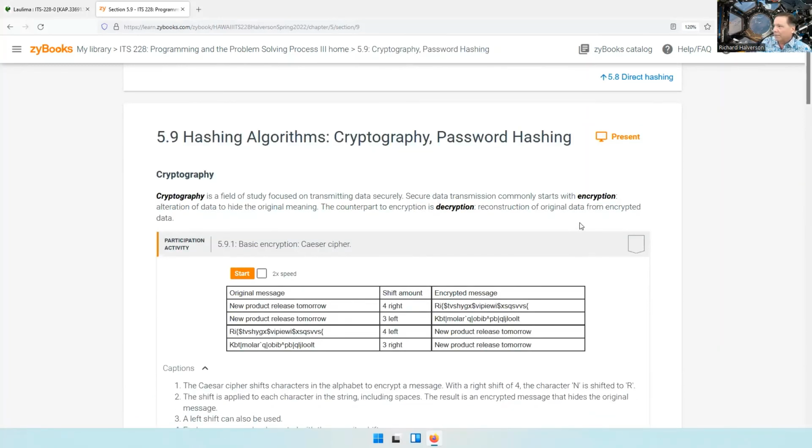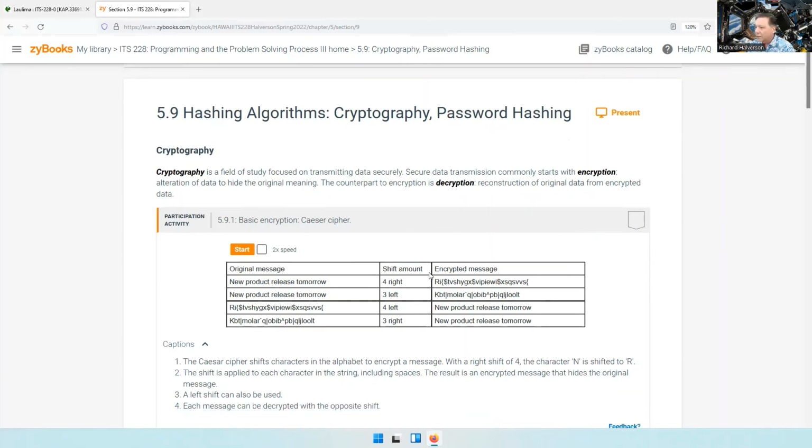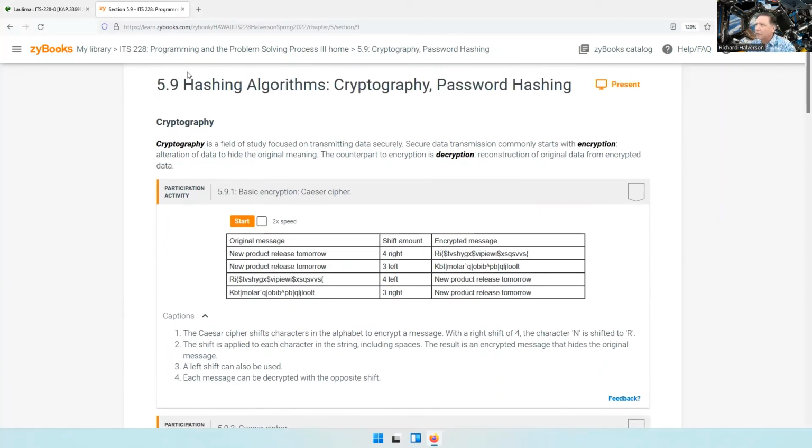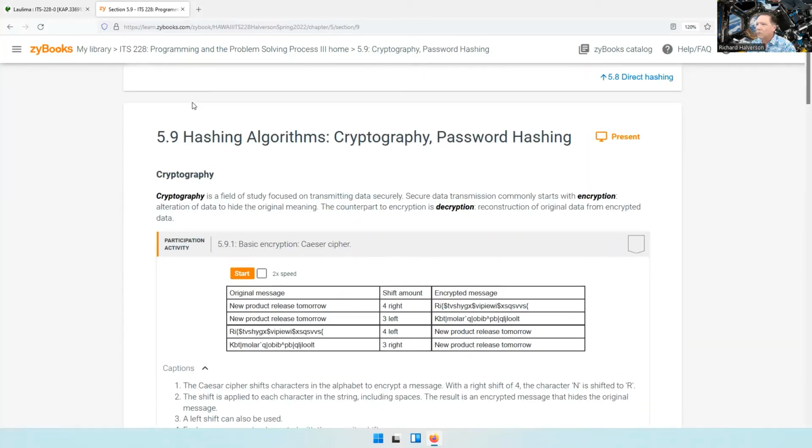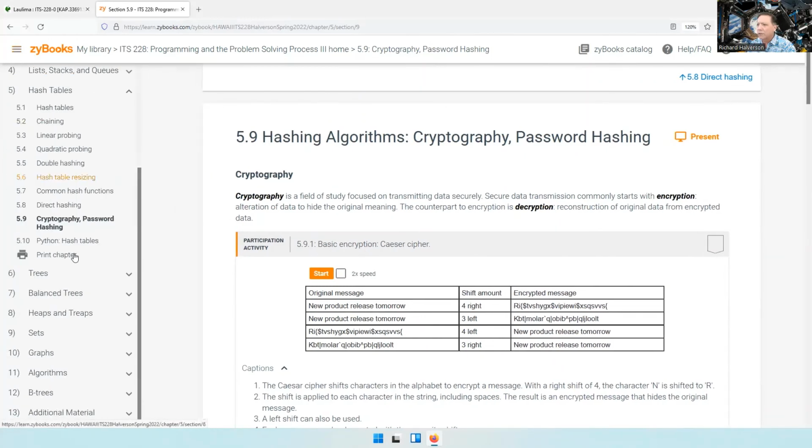Okay, this talks about cryptography and password hashing, other uses of hashing. Here, this thing called the cipher is where you take the ASCII character set. Let's see, where was that? That was in hash functions.